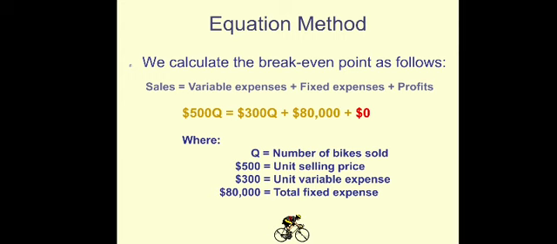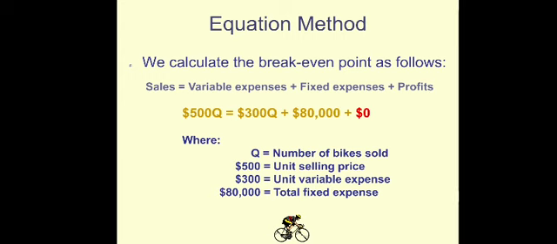That equals $300, the unit variable cost, times quantity Q, plus the fixed cost, which is 80,000. The 0 is 0, so don't worry about that.